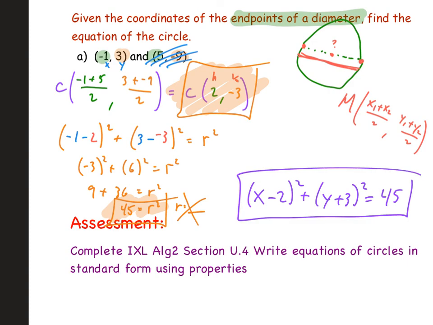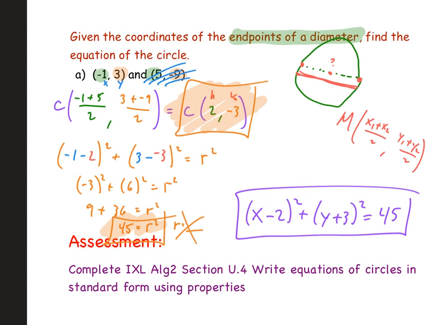So once you are given this problem about 2 endpoints, the first thing you need to do is find the midpoint or the center using the midpoint formula: x1 plus x2 divided by 2, comma, y1 plus y2 divided by 2. Averaging those x values, averaging those y values. Find your center.